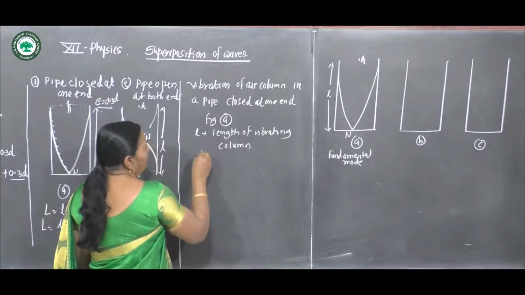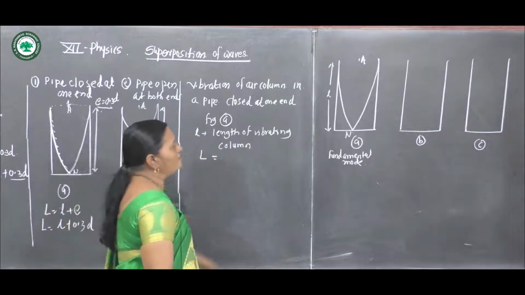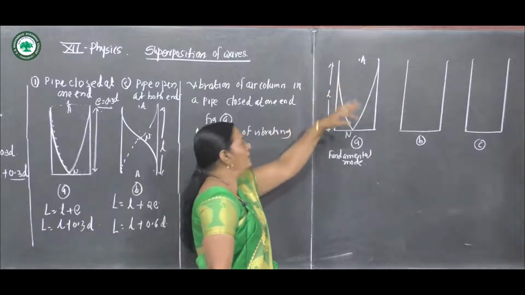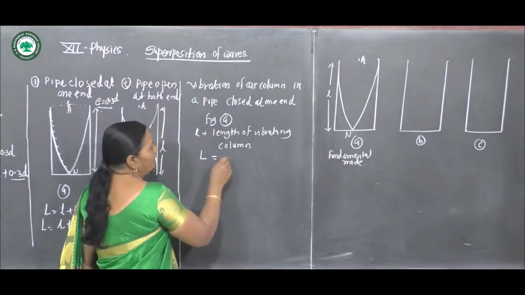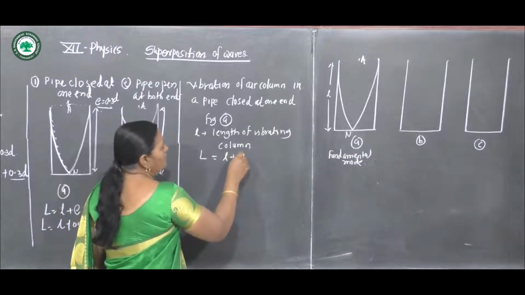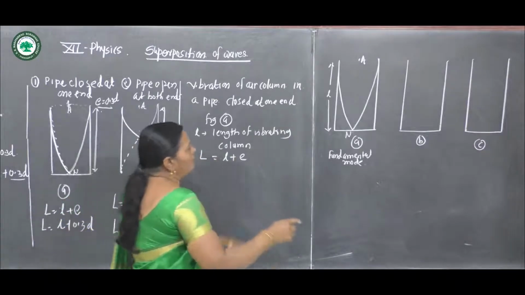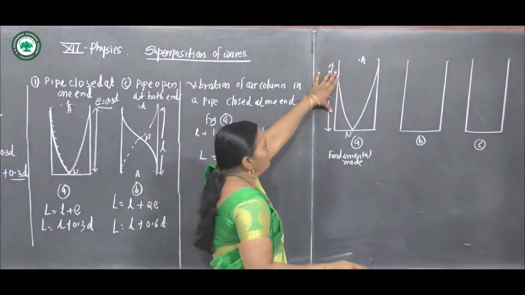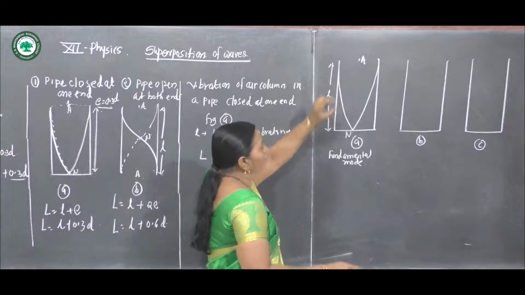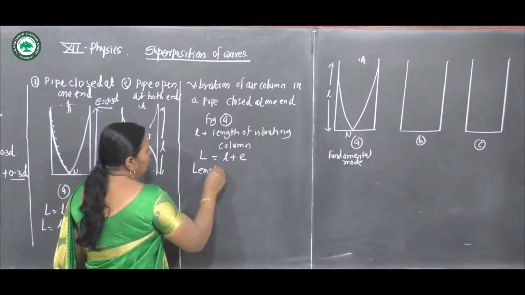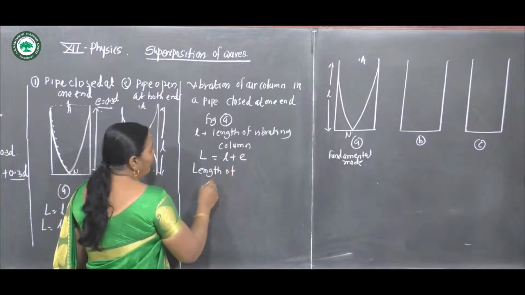The corrected length is, now in this case the pipe is closed at one end, there is only one end correction, therefore corrected length is L plus E. There is only one end correction. Now see, this is the length, it is called the length of air column.